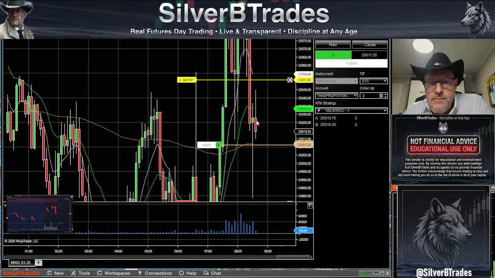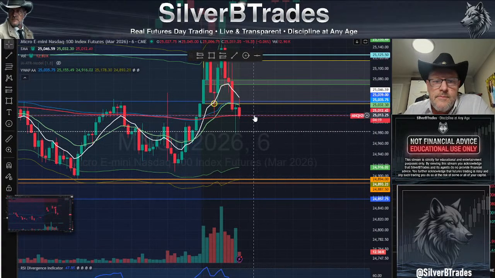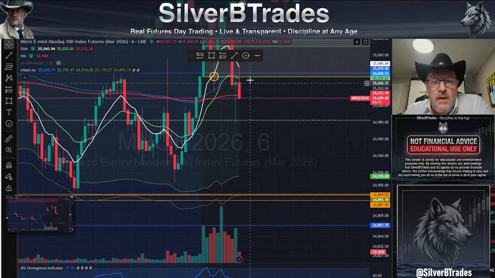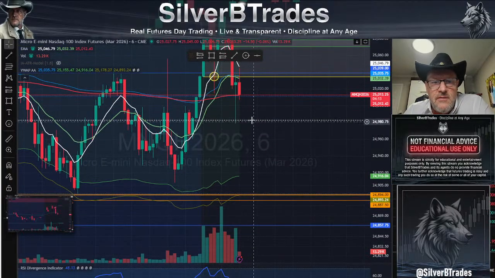We touched it to a T. Well, almost to a T. We're on the 200 now, and we're about 50% of this candle. A 5-minute candle is a little sketchy.